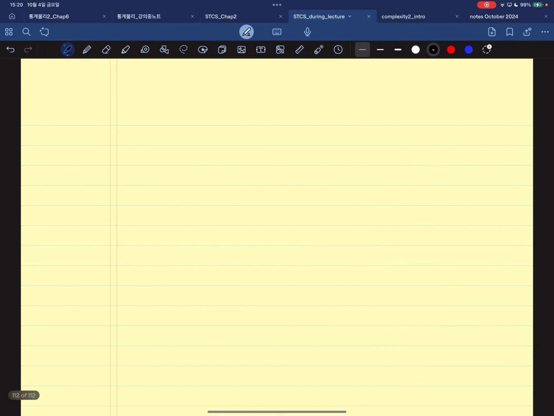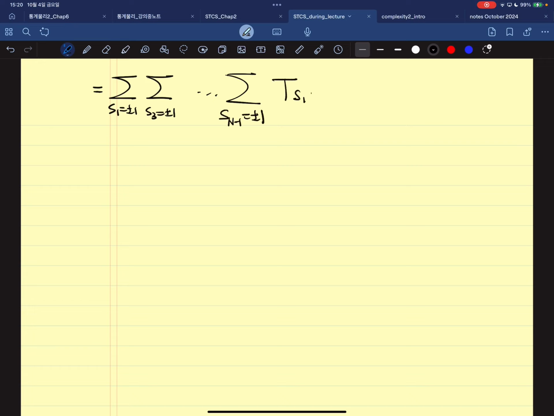So it will essentially be S1 plus minus 1, S3 plus minus 1, etc., and Sn minus 1, and T S1 S3 squared, and S2, S4 squared. Oh, it's not true. S3, S5 squared, and T Sn minus 1 S1 squared.